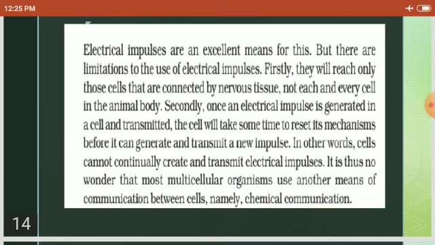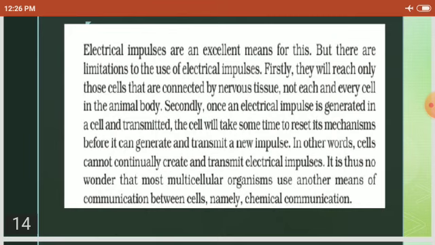Firstly, they will reach only the cells that are connected to the nervous tissue, not each and every cell in the animal's body. Secondly, once an electrical impulse is generated in a cell and transmitted, the cell will take some time to reset its mechanism before it can generate and transmit a new impulse. In other words, cells cannot continually create and transmit electrical impulses.